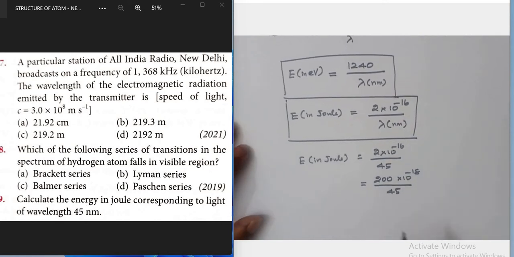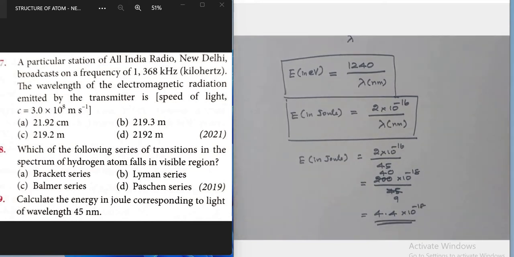Very simple. So you can use the 5 table. 9 5s are 45. Here 4 5s are 20, 0, 40. 40 by 9. 9 4s are 36, minus 40. It comes out as 4.4 into 10 power minus 18 joules.